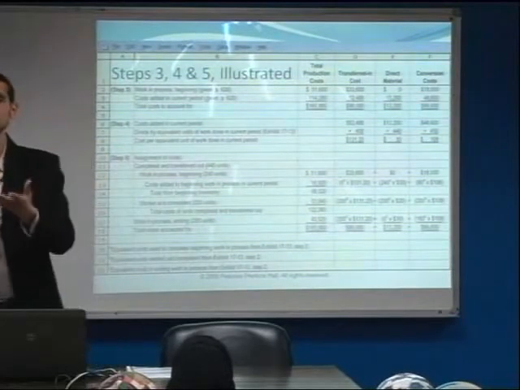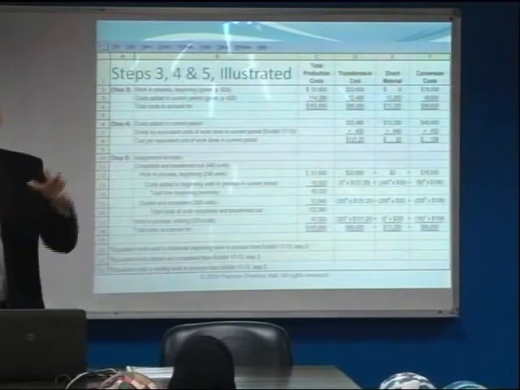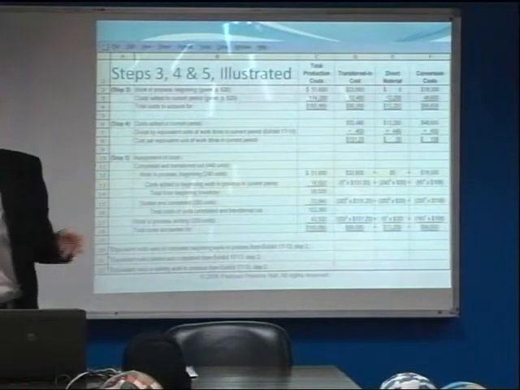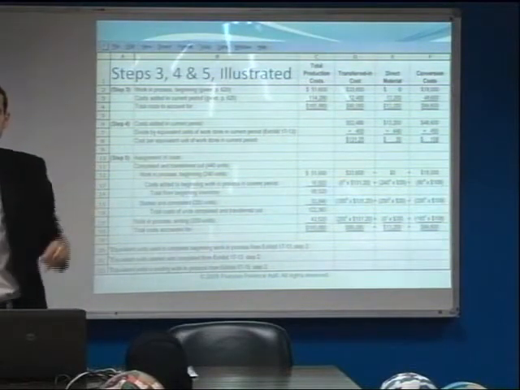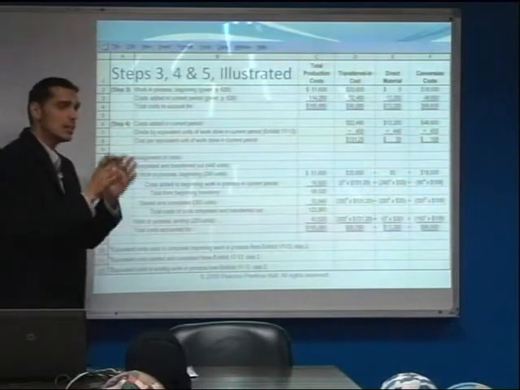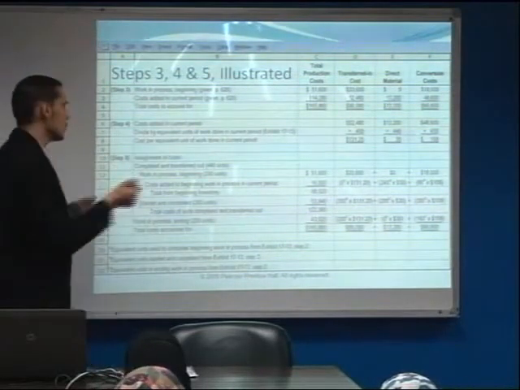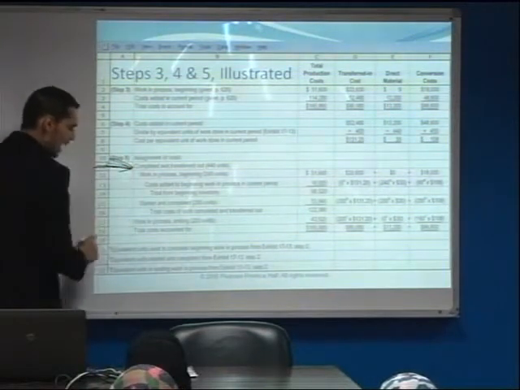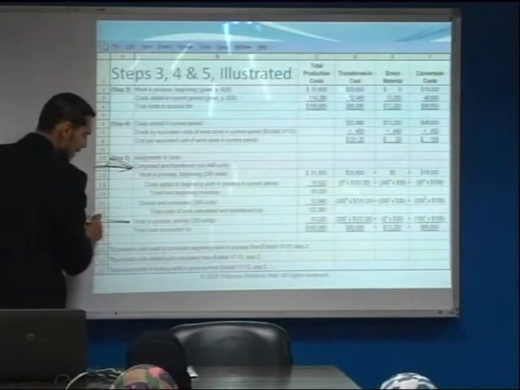We also need to calculate the cost that would still stay in the work in process account for the testing department. Therefore, first of all, we need to calculate these two categories: the completed and transferred out, this is the first category, and the work in process ending, this is the second category.